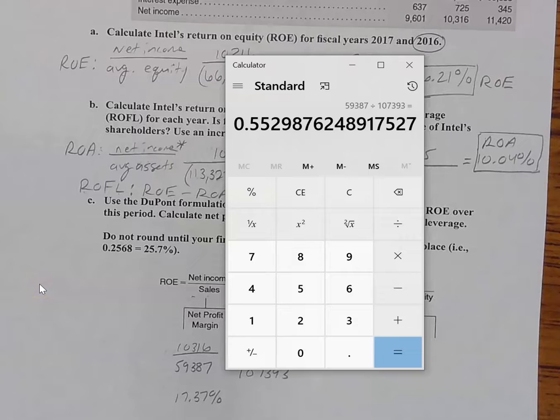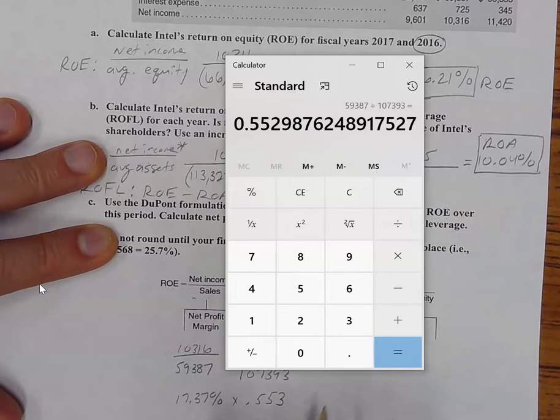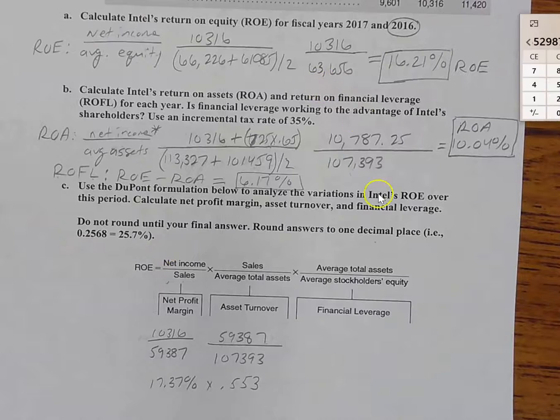We'll go 0.55. Well, you know what? Let's carry it one more digit. So we've got 0.55, and I want to round this 2 here to 3. Okay, so times 0.553.